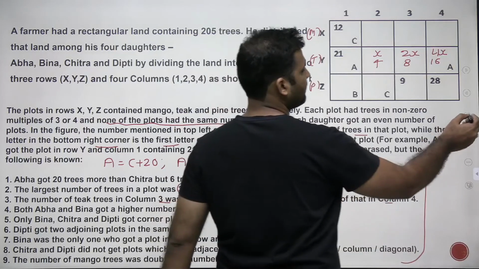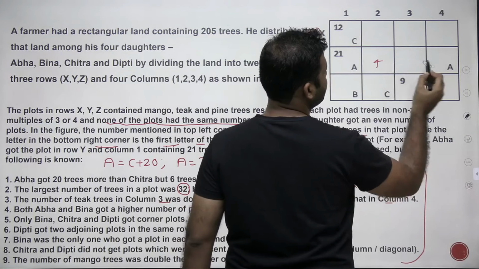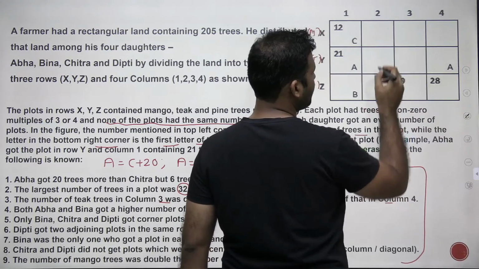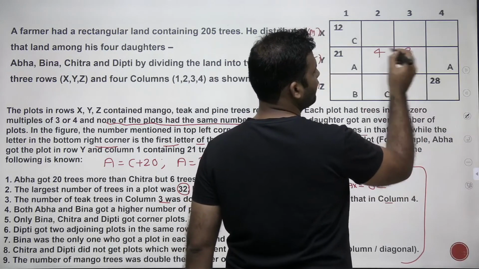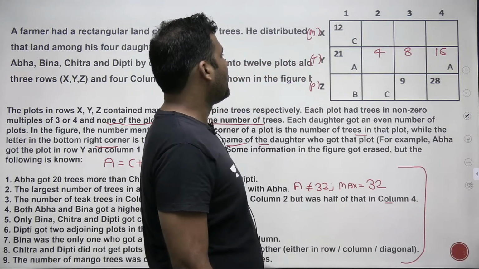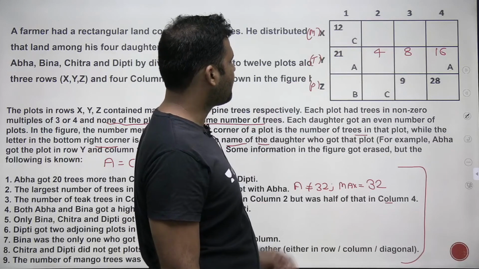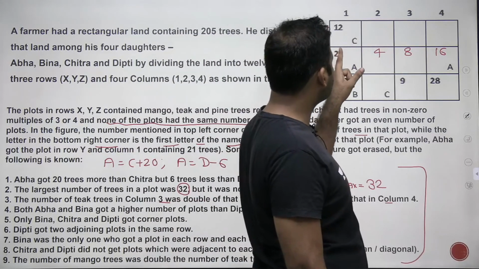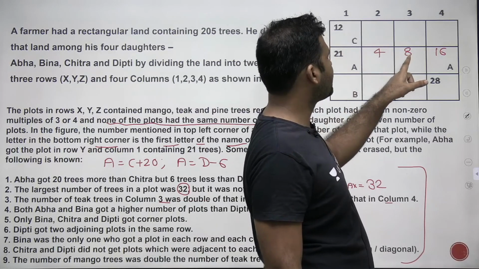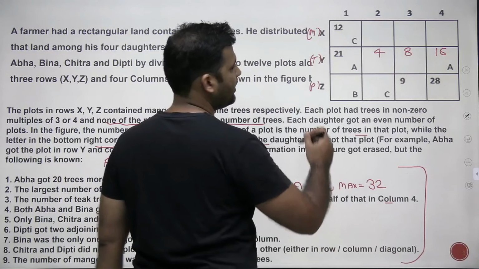So let's use this information now. 4, 8 and 16. That's the number of trees that we got in these plots. This plot will have 4, this plot will have 8, this plot will have 16. Now we get to know how many trees there are in this. Total number of trees in Y is 21 plus 4, 25, 25 plus 8 would be 33, 33 plus 16 would be 49.